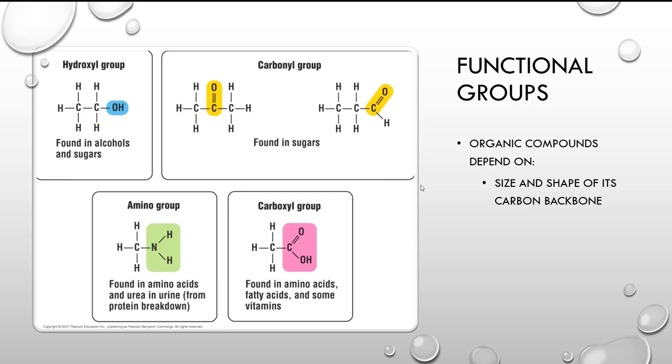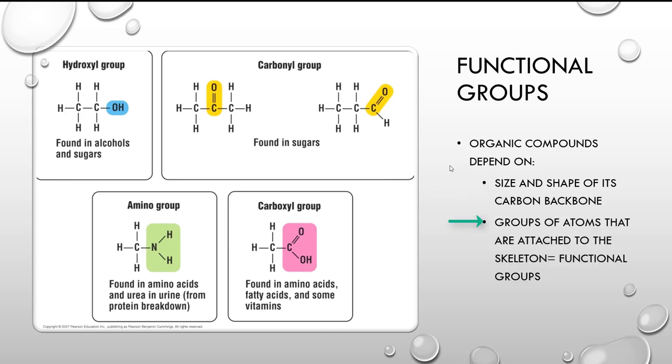So again, we already know that organic compounds depend on the size and the shape of the carbon backbone, but they also depend on those functional groups. Okay, so those are groups of atoms that are attached to the carbon skeleton. So here you have a carbon skeleton with an oxygen double bonded. Okay, here you have a carbon skeleton with an oxygen and a hydroxyl group bonded. So these are examples of functional groups.